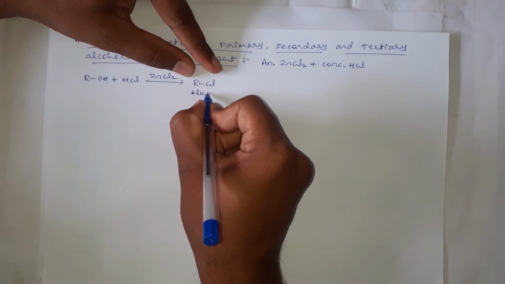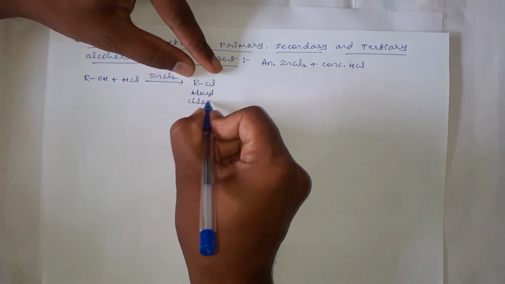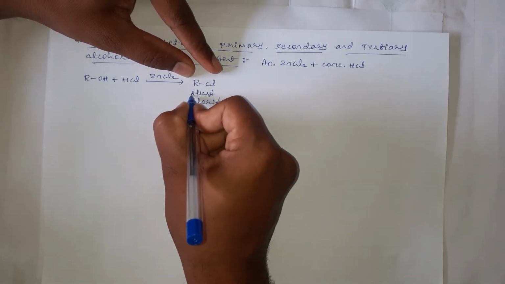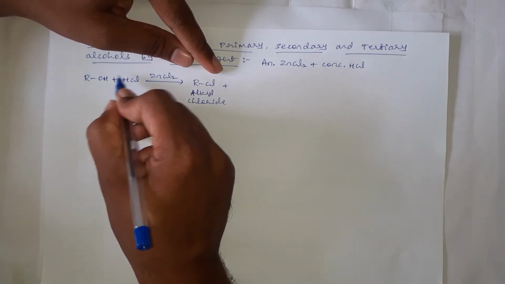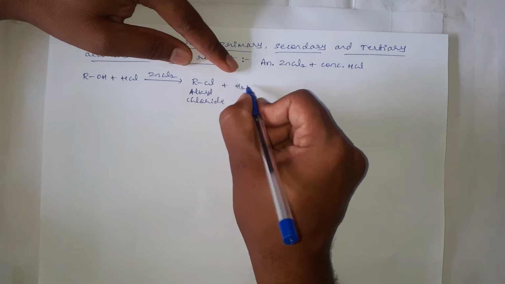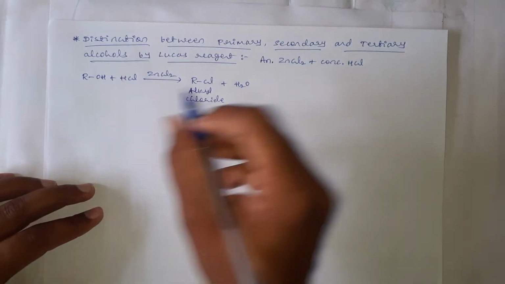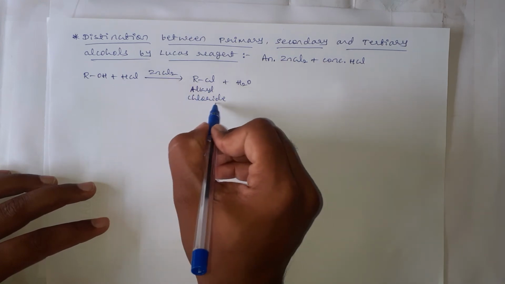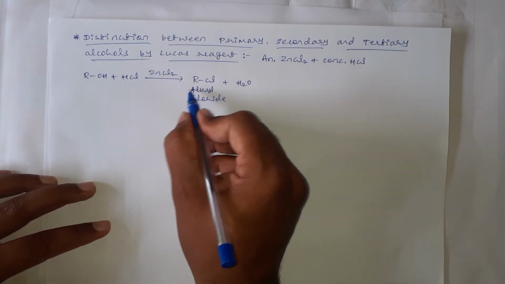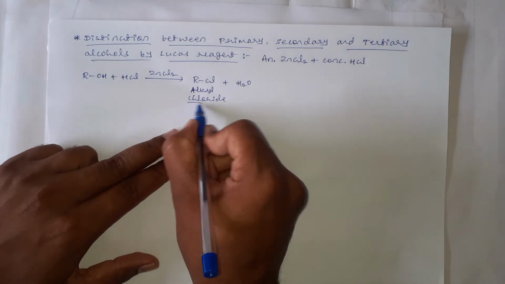This is alkyl chloride, and this H of HCl will combine with the OH and forms H2O. So we will get alkyl chloride and water.